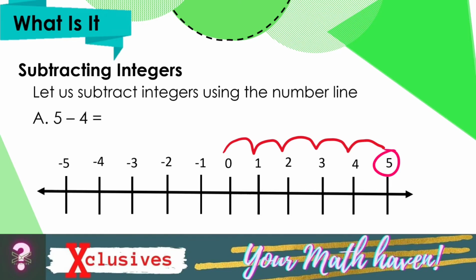We will use the opposite movement for positive 4, and that is going to the left. That is why we stop at positive 1. Notice, we took the opposite movement of positive 4 because the operation is subtraction. It means you will take the inverse instead.